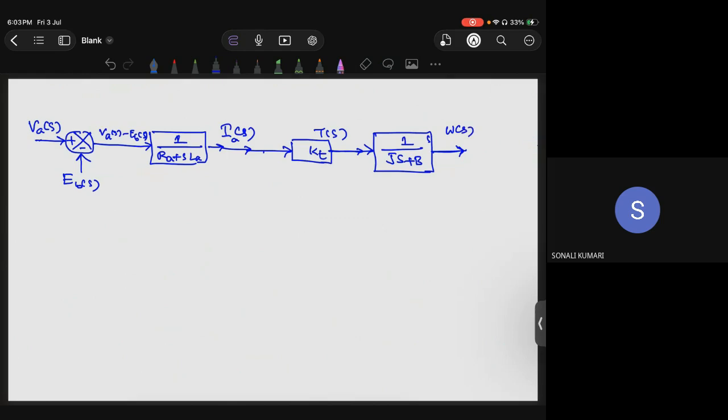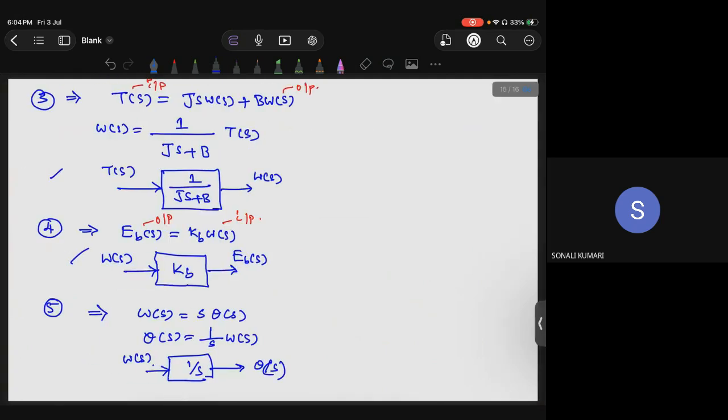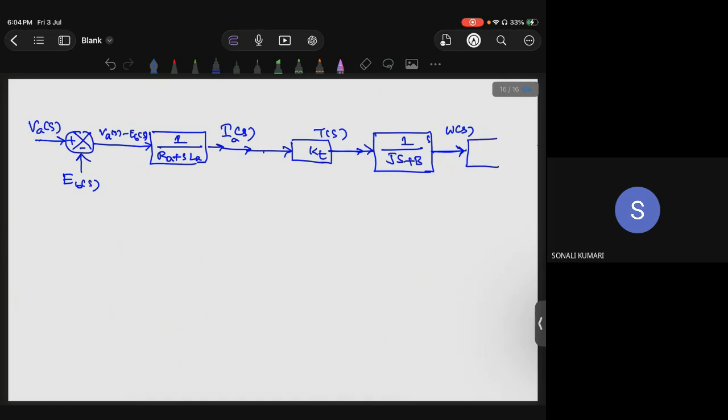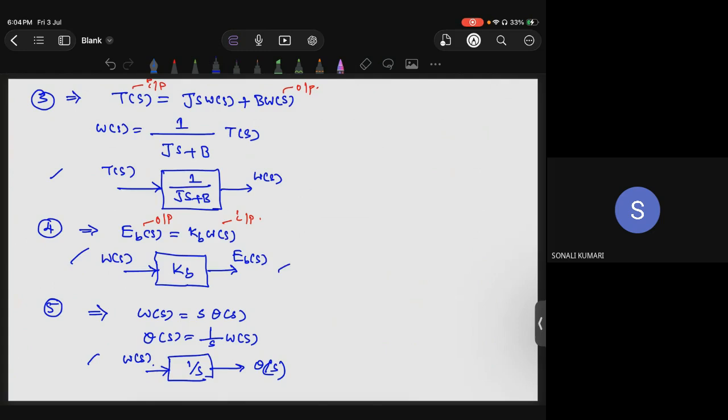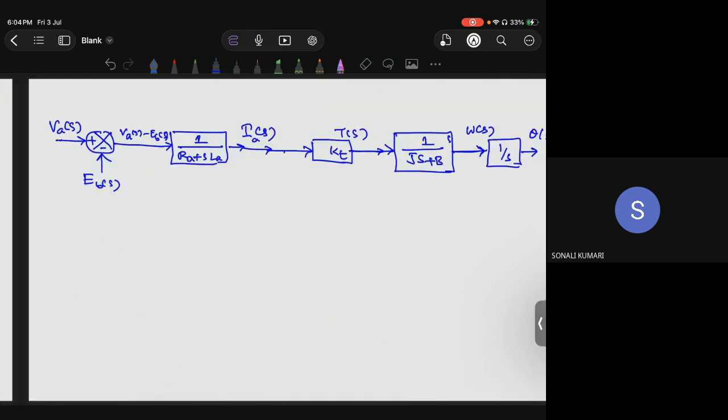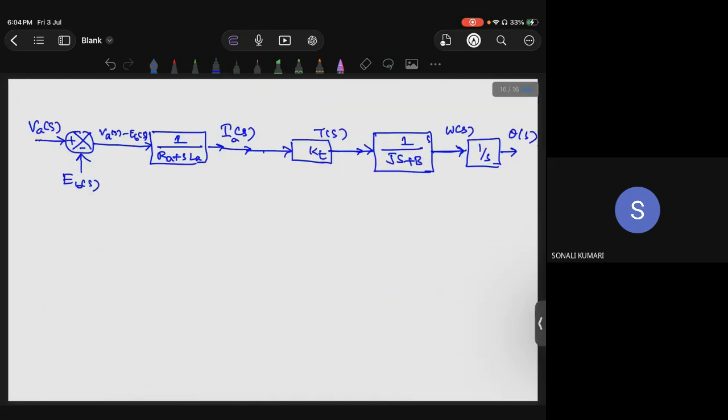Okay, so next, omega of S. What do we have from this system? 1 by S theta of S. So from here, what do we have? Omega of S, and it is connected to the input directly.